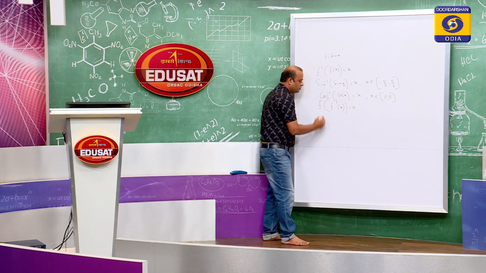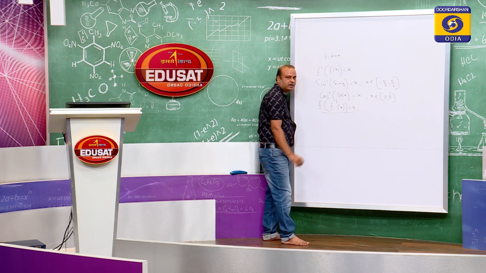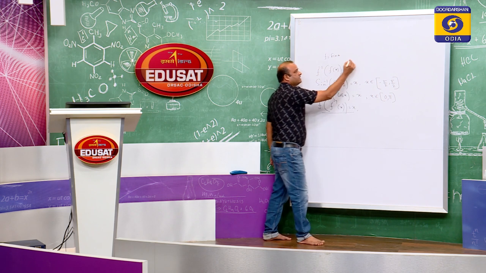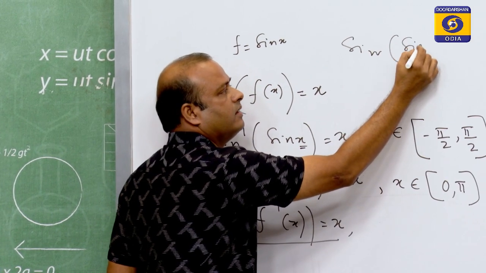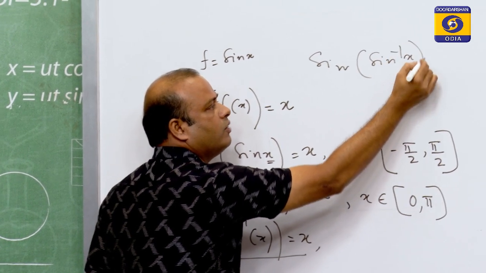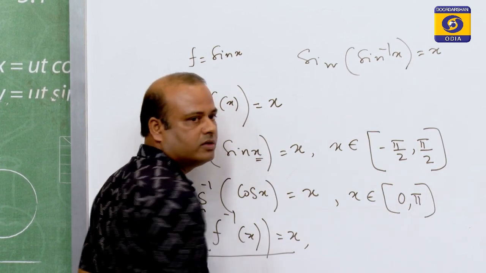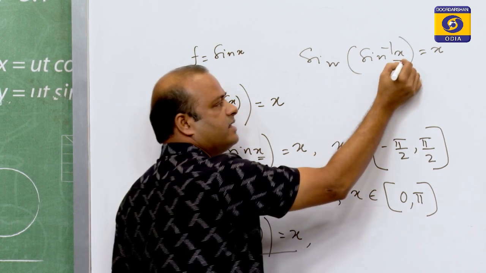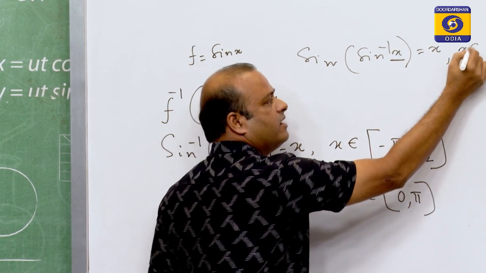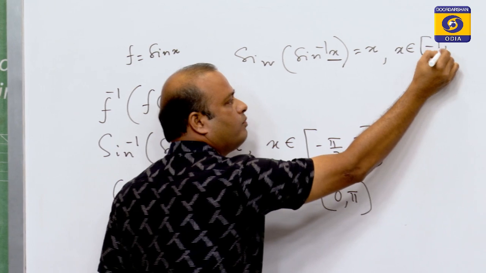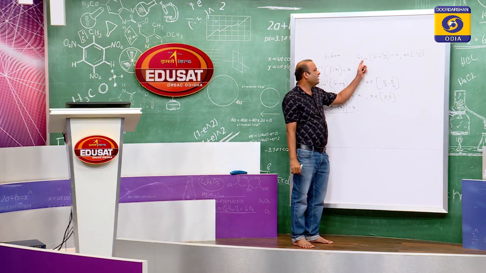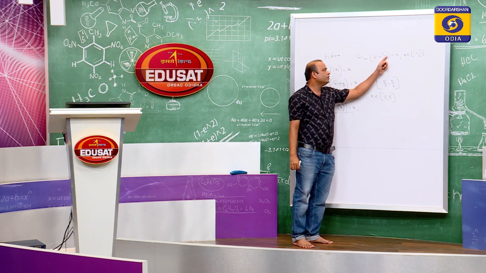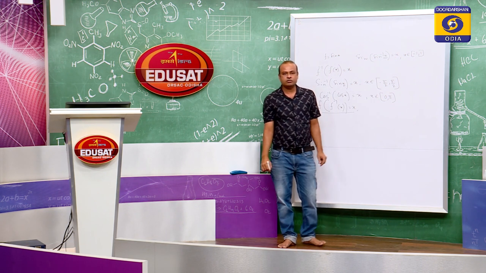For this reason sin of sin inverse x is also equal to x, but here x belongs to the closed interval of minus 1 to plus 1. You cannot write sin of sin inverse 2 is equal to 2, it is wrong to say.